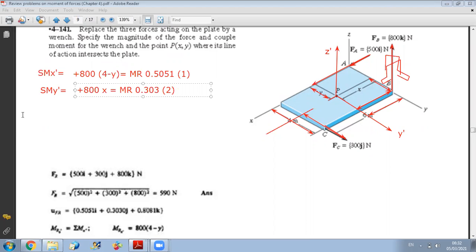And finally, for the sum of moments about z prime, this is z prime. If I look at my figure, I have FB parallel to z prime, so no moment about z prime. Now for FC, FC is at a certain distance from z prime. What is the distance?